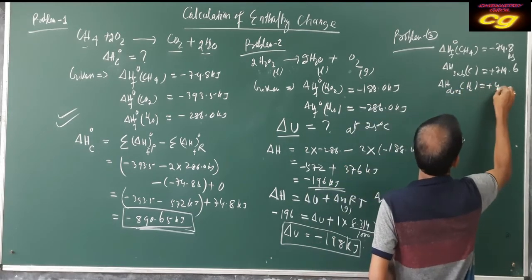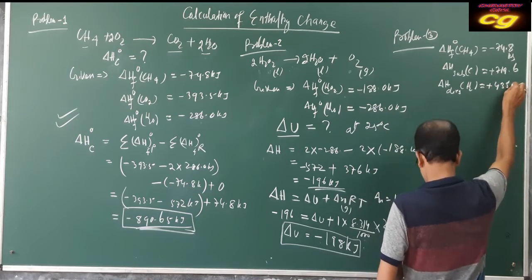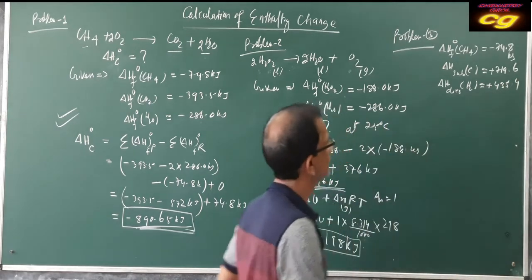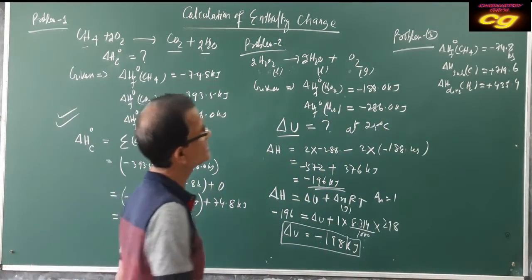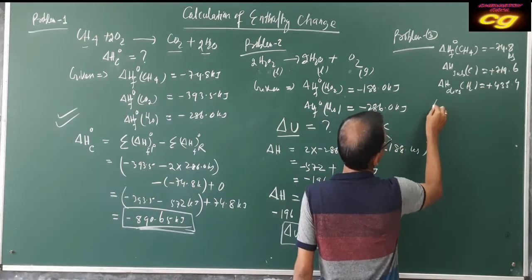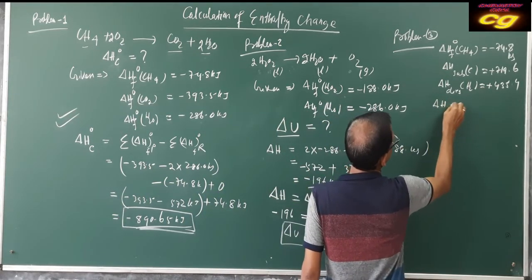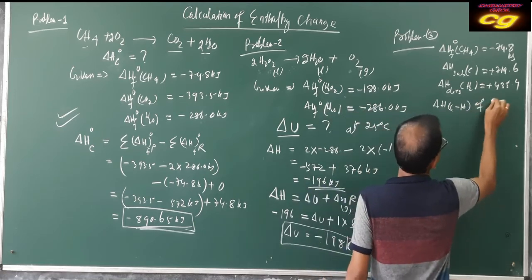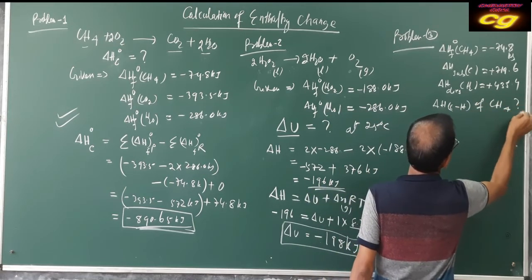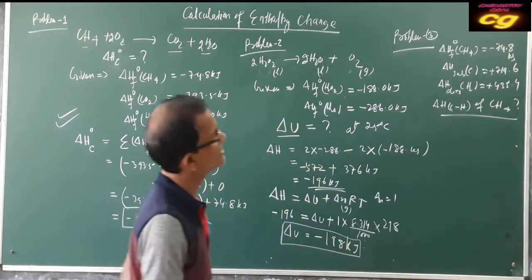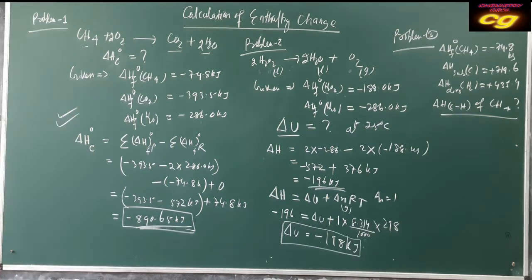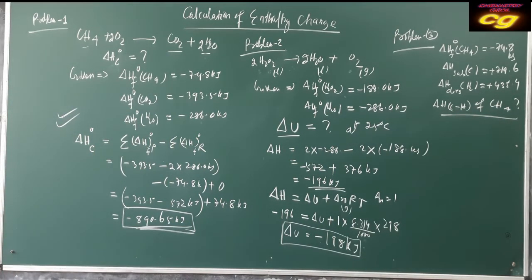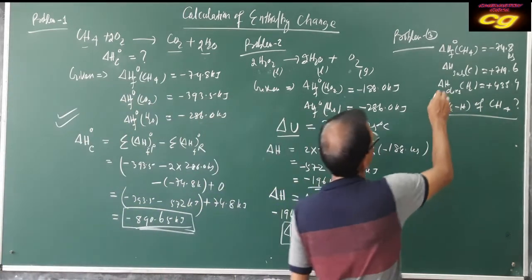Plus 435.4 kilojoule. This is the data given. But the question is to calculate the bond enthalpy of the C-H bond of methane. From this data we will calculate the C-H bond enthalpy of methane.